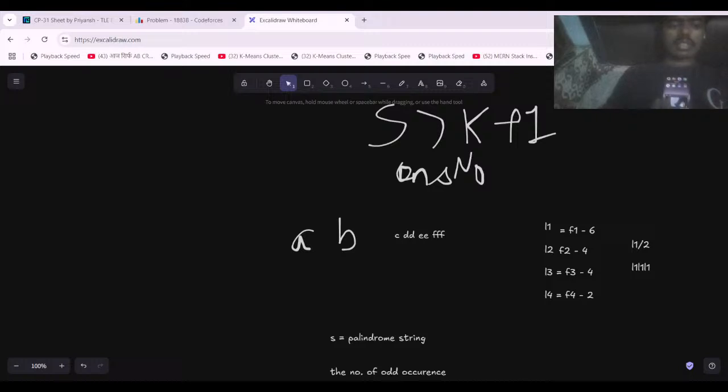So let's just say, to take this odd part, there was some letter L5 whose frequency was odd, right? So let's say this F5 was odd, maybe F5 was 3, so there is no more letter which has odd frequency. There is only letter L5 that has frequency of 3.